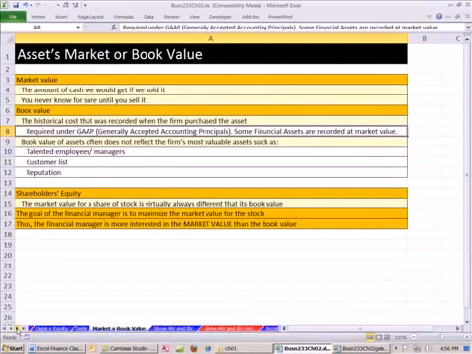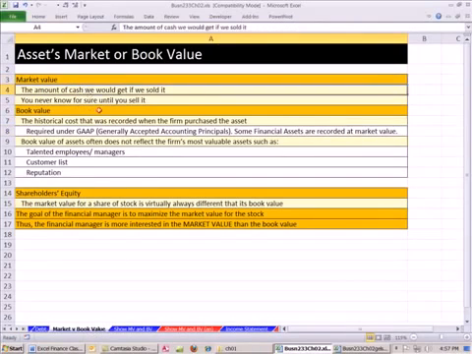Market value versus book value. I think this is our last topic in this video about the balance sheet. And then next video we'll do income statement. Market value, that's the amount of cash we would get if you sold it. Now, market value, you hear a lot about this. Market value for financial assets like stocks and debt sometimes, right? You actually can go out and see what the market value is every day.